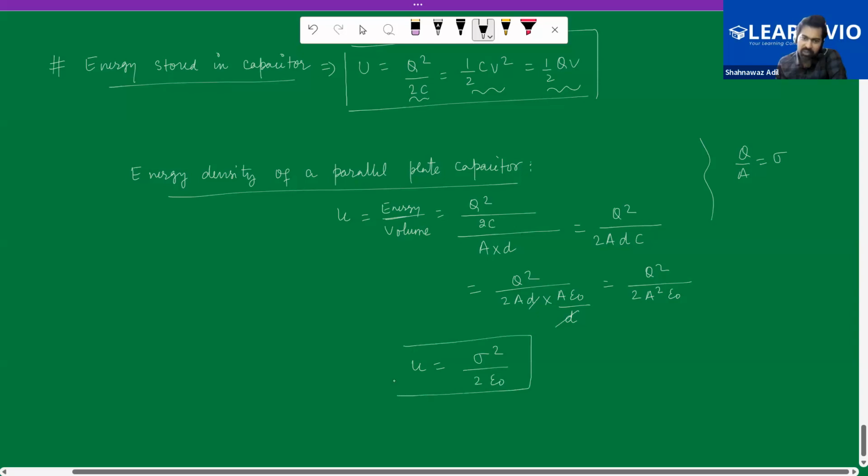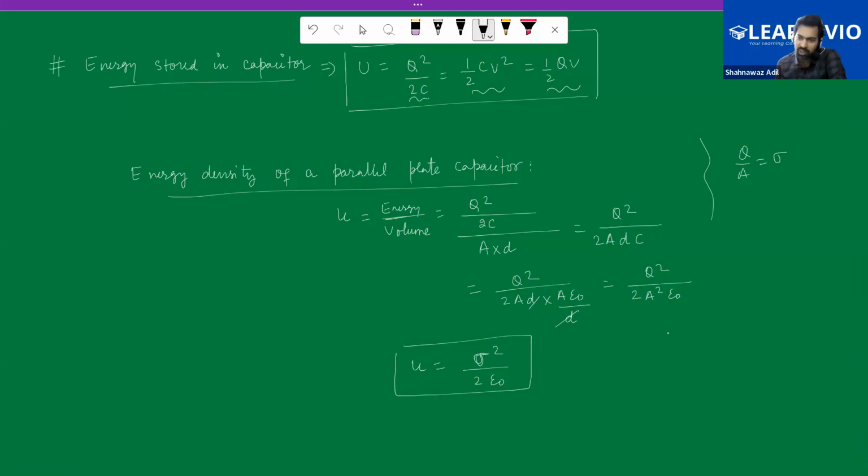And we also know how sigma is related. The electric field of a capacitor is sigma by epsilon naught, so sigma is epsilon naught times E. If you put this value in here, this would be E square and epsilon naught square by 2 epsilon naught.